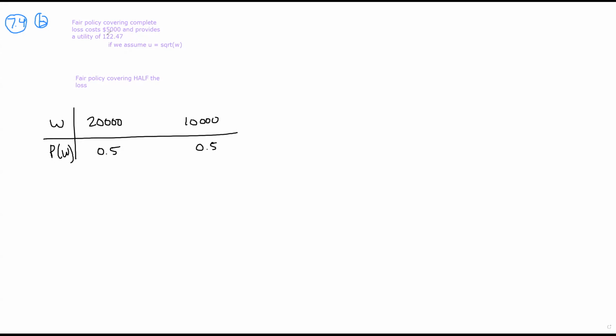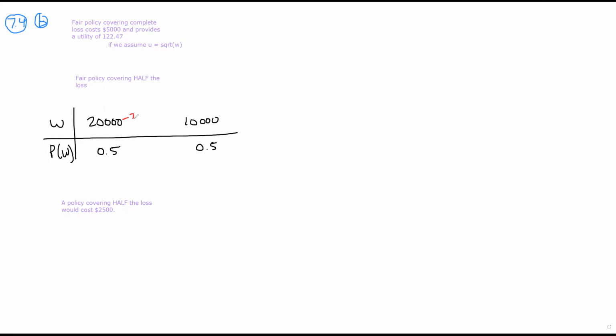Well, remember that a moment ago we said $5,000 covers the whole loss, right? So covering half the loss would cost $2,500. Go figure. It's half of what it costs to cover the complete loss.